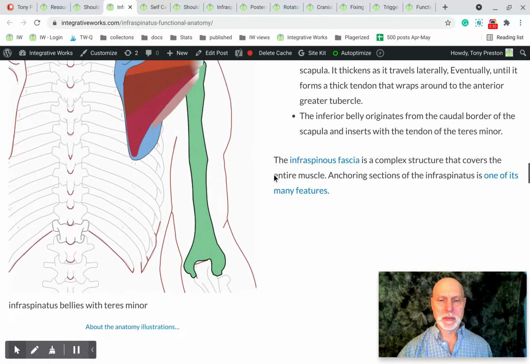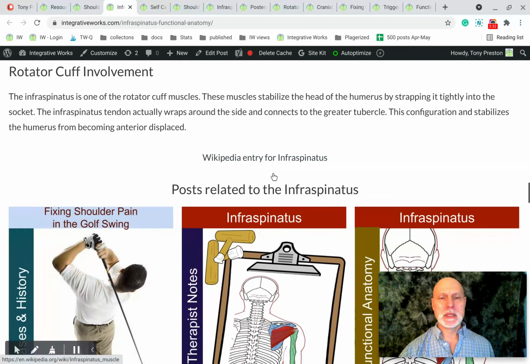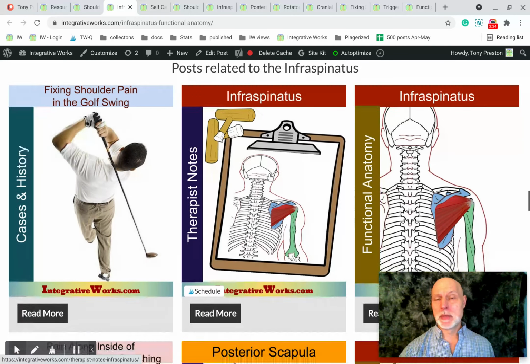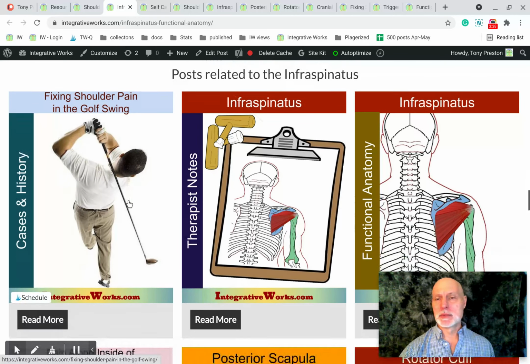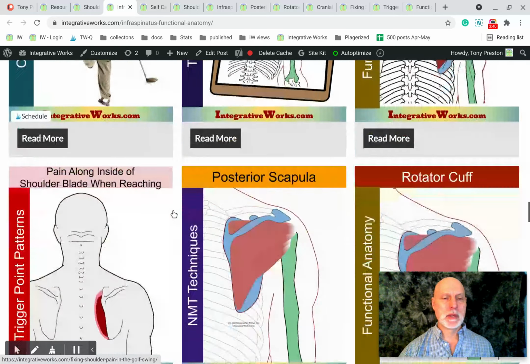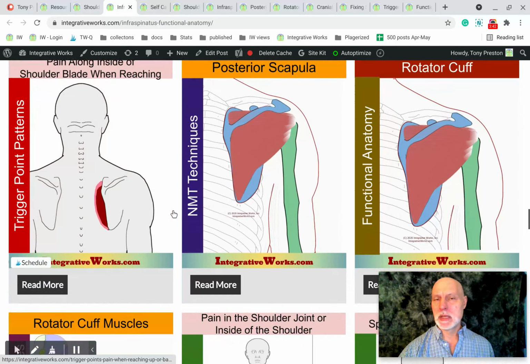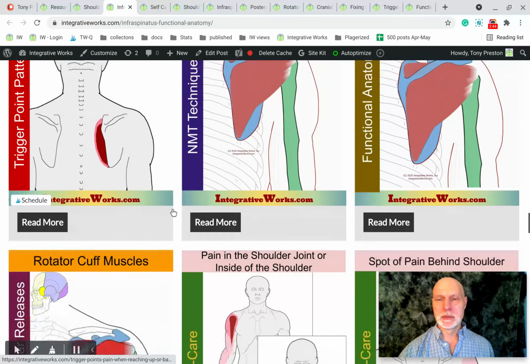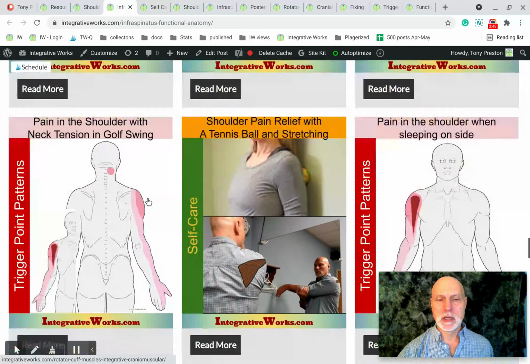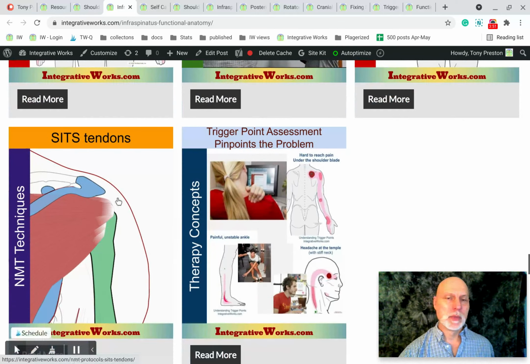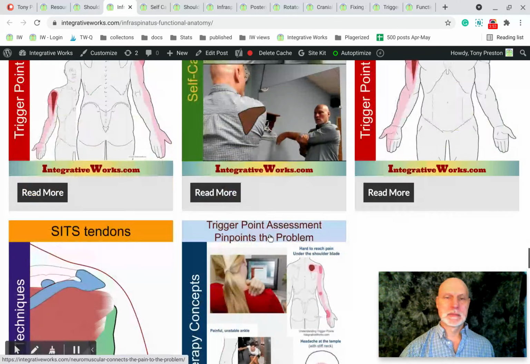So it talks a little bit about that, and then it talks about the posts that are related. It says here are posts on everything from the anatomy, therapy notes, other pain patterns, neuromuscular routines, craniomuscular routines, self-care, all the way down to some body work concepts.